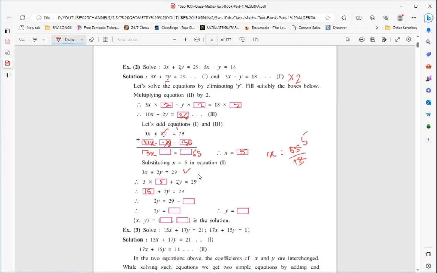So 2y equal to 29 minus 15, which is 14. 2y equal to 14, so y is equal to 14 upon 2, which is nothing but 7. So what is the solution to this? x is 5 and y is 7 is the solution to this problem.